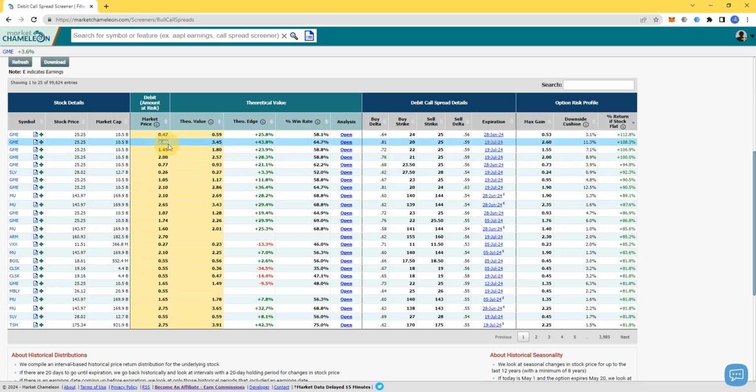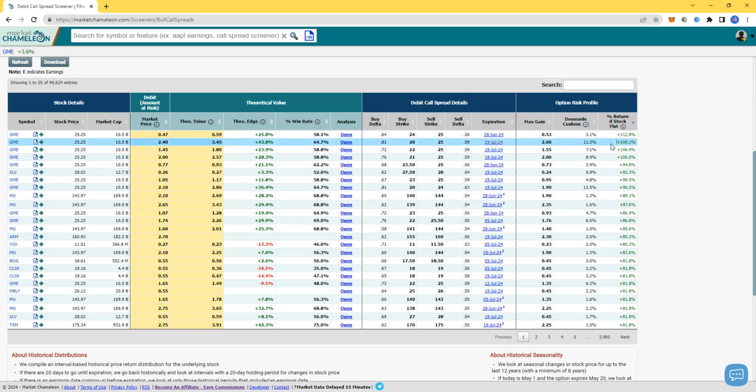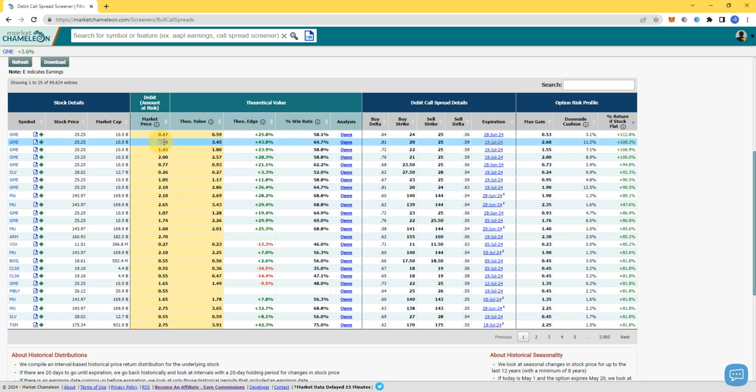So you're risking 240 to make 260, and this is where we got the 108% potential yield. Okay, and we're gonna touch this 11% number in a second, but basically it tells you that you're only risking 240, but you should have risked 345, 350 bucks based on history. So that's the trade that Market Chameleon found you.